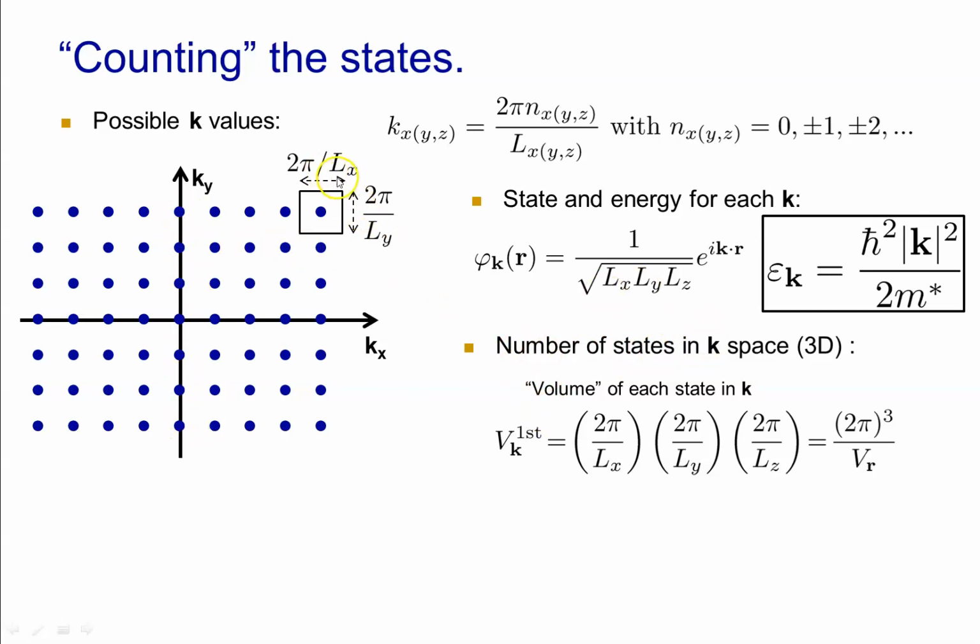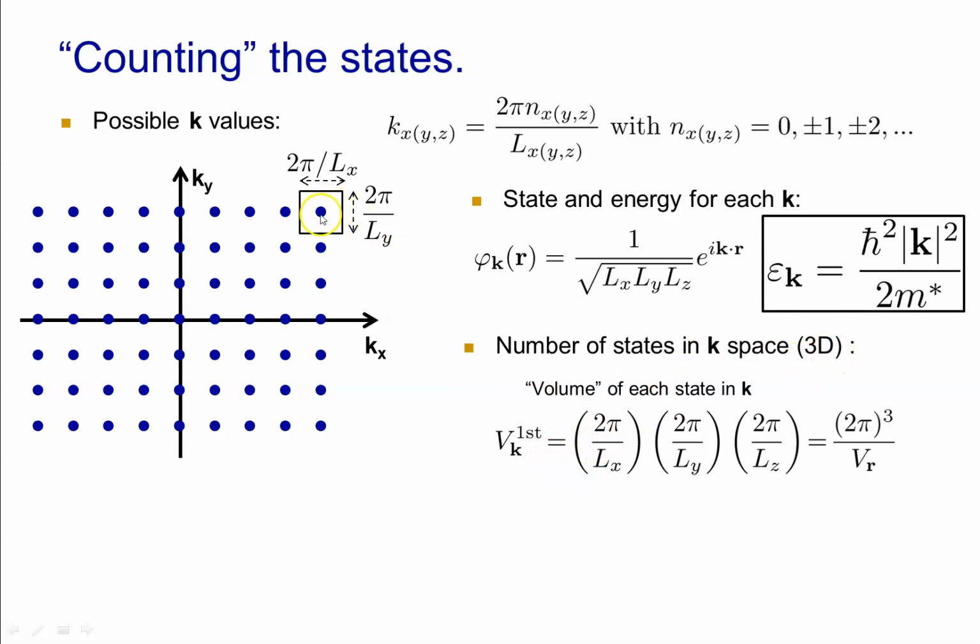Notice that if I take Lx or Ly to infinity, the distance between these points goes to 0. Then I recover, as I should, the continuous limit. But given that these are discrete, I can talk about the volume that each of these states occupies in k space, in the reciprocal space, in 3 dimensions.